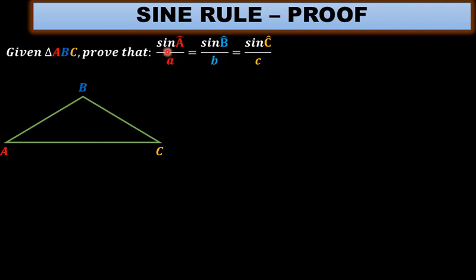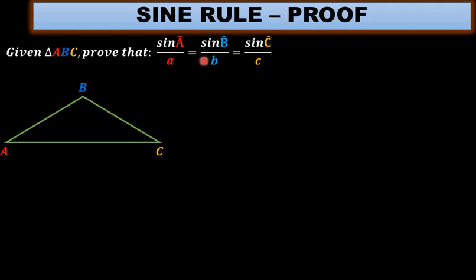If you are supposed to prove that sine A divided by a is equal to sine B divided by b, then it means the vertices in the standard position, the vertices in your horizontal plane, will be A and B. But in this triangle, we can use it to prove that sine A divided by a is equal to sine C divided by c, because A and C are the vertices in the standard position. If I take B and put it here, then A and B will be in a standard position.